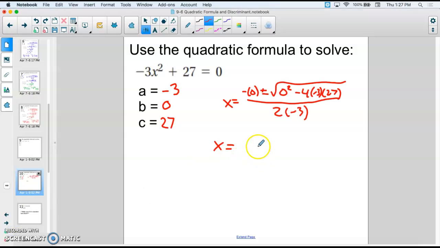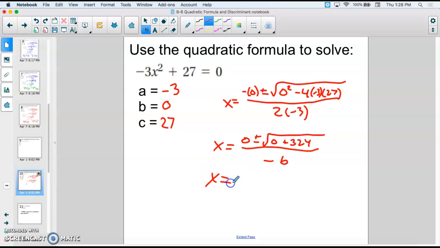Double check with me that you got the right thing. Negative 0, well, that's just 0, plus or minus the square root of 0 squared minus 4 times negative 3 times 27. That's a big number. 324, positive 324, all over negative 6.